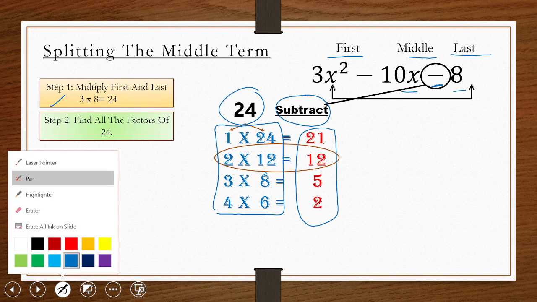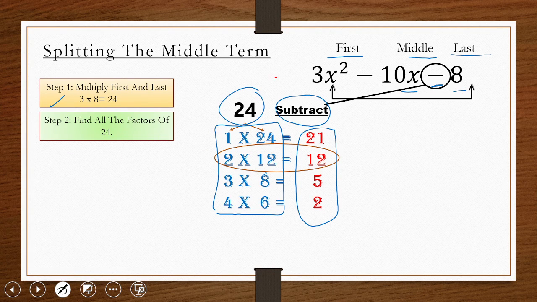Children, I will tell you like this. You can break these terms like this. This is for these 24 factors, and if we subtract, you can get the answer. Okay, when you subtract this, you will get these terms, and the appropriate term for subtraction is 12 minus 2.